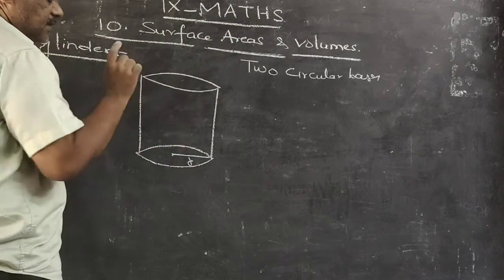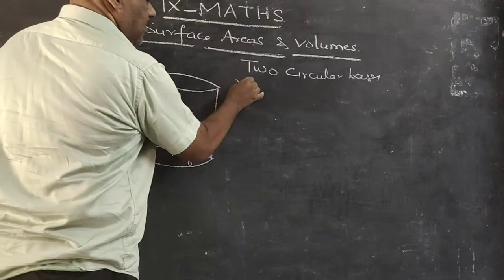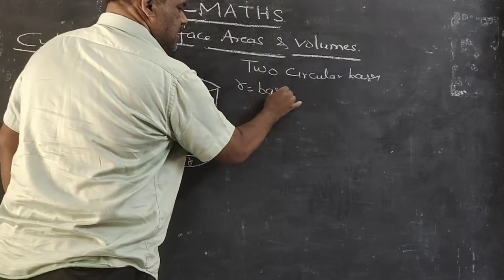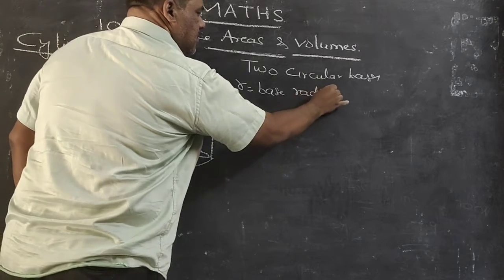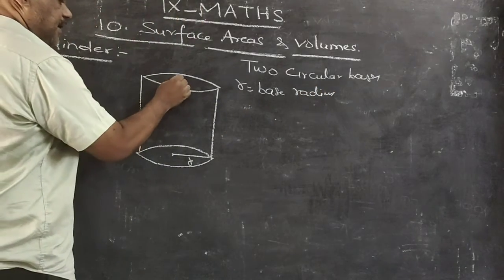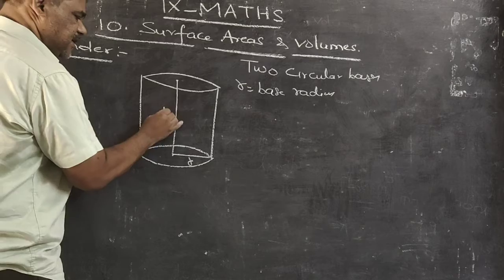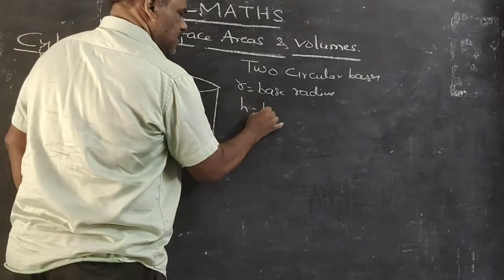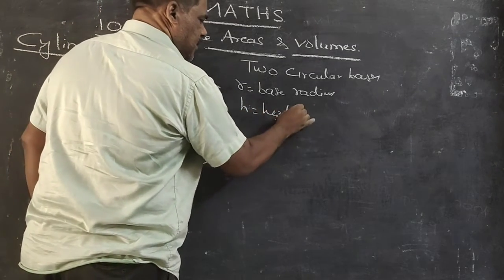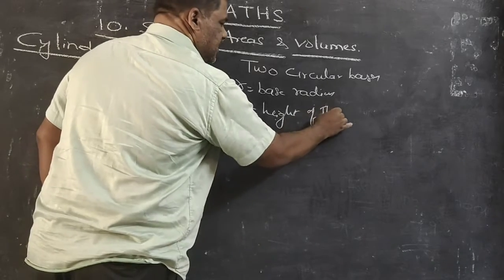This is one circle, this is another circle. R is called base radius, and this is known as the height of the cylinder. H is called the height of the cylinder.